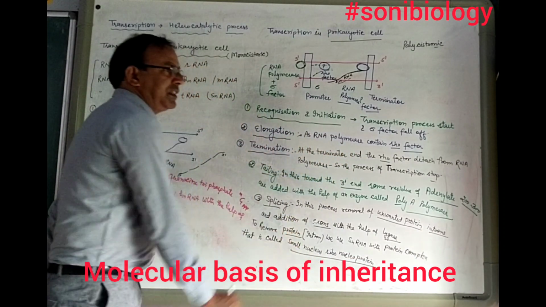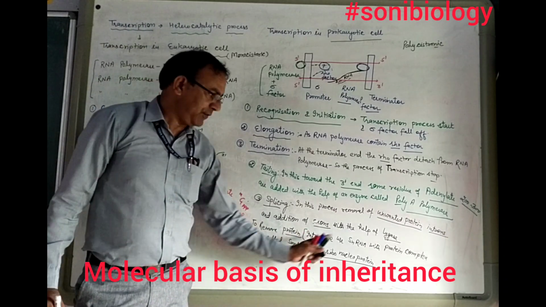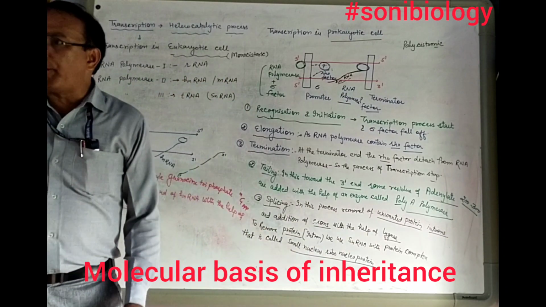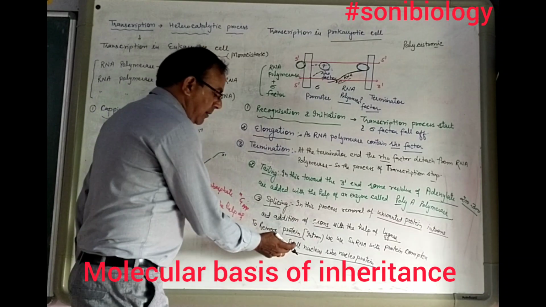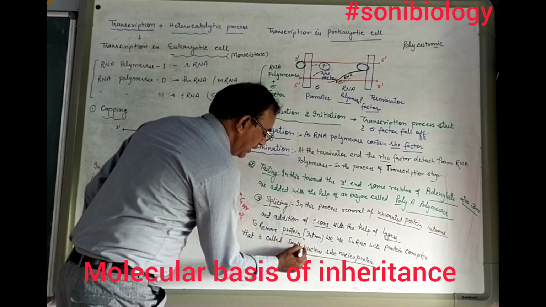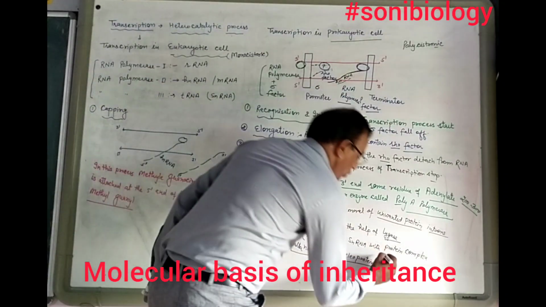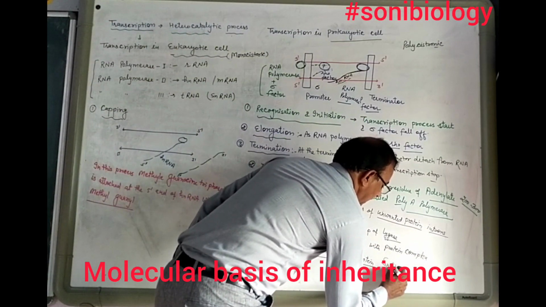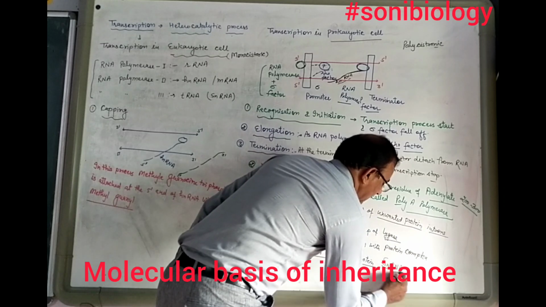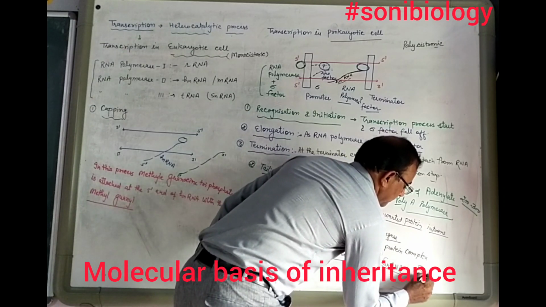Introns are removed with the help of snRNA with some protein complex, commonly called small nuclear ribonucleoprotein. This is also called snRNPs, or we can say snurps.